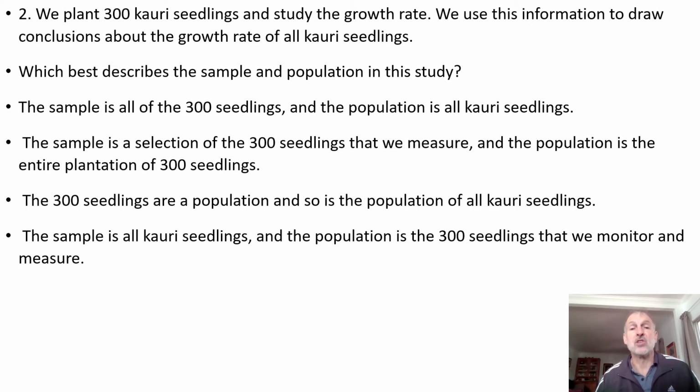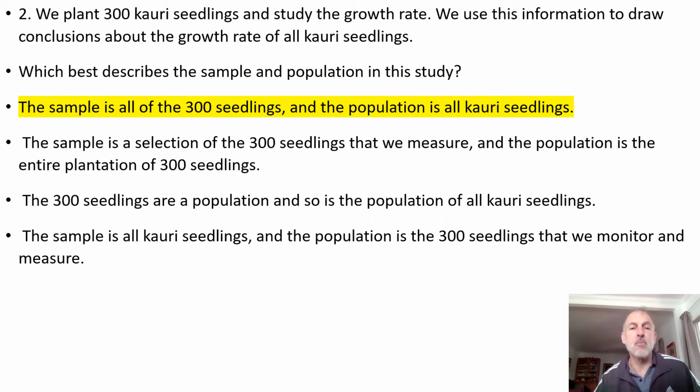Or the sample is a selection of the 300 seedlings that we measure, and the population is the entire plantation of 300 seedlings. Or the 300 seedlings are a population, and so is the population of all kauri seedlings. Or the sample is all kauri seedlings, and the population is the 300 seedlings that we monitor and measure. So choose the correct one and then resume the recording.